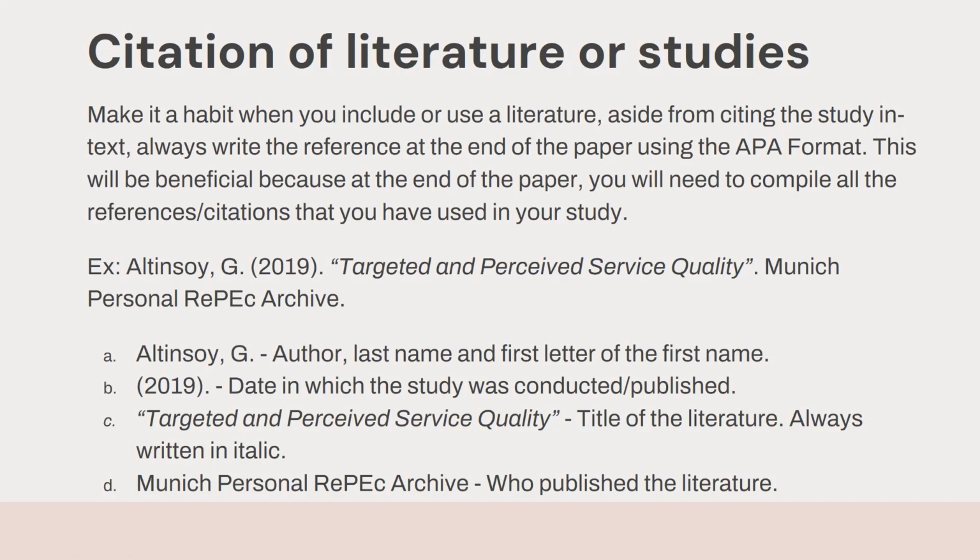So, yung author, surname niya, and then first letter ng name niya, and then kung kailan na-published, and then ito yung name or title ng literature. Always in italic siya, remember that? And then yung last part sa dulo ay kung sino ang nag-publish ng literature. Okay? Remember this format.